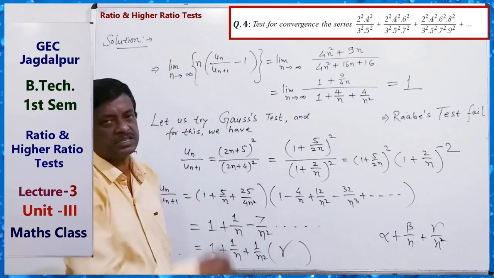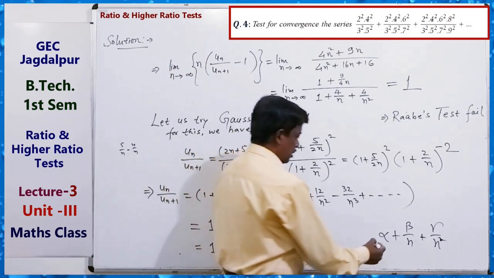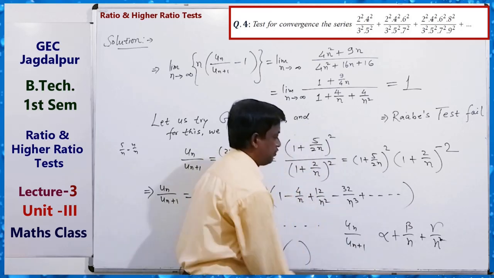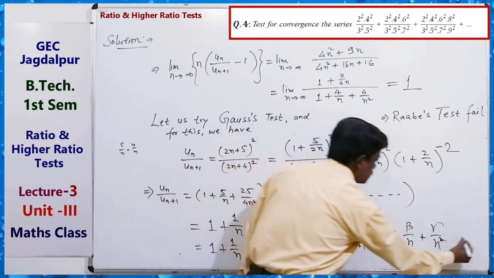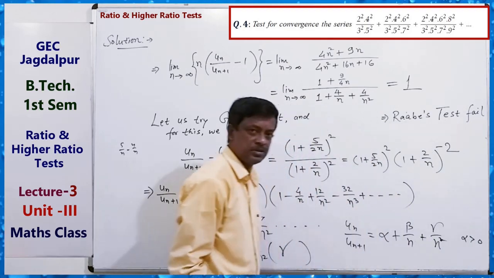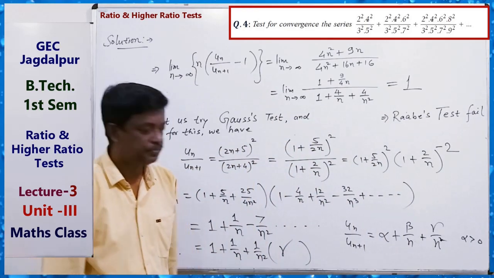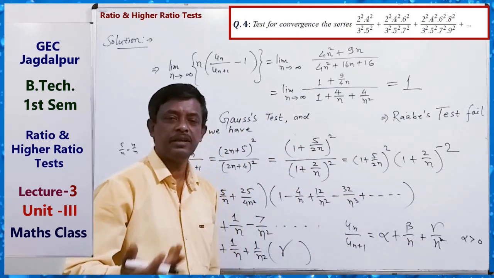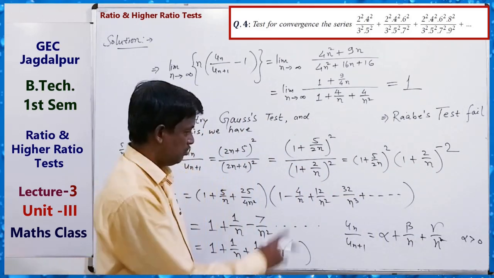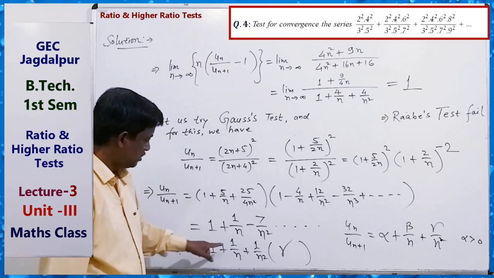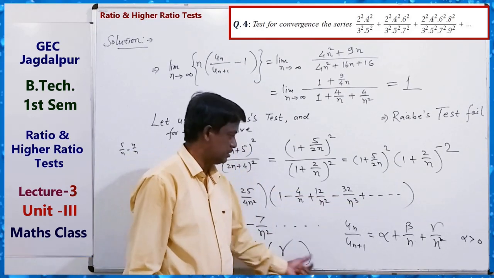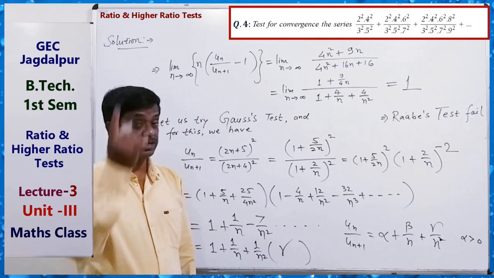Because Gauss test statement, what? You have to write in this format, where alpha should be greater than 0. So alpha equals to 1 greater than 0. Now beta, gamma may be anything. Now beta, here 1 we can write. Now gamma is this. So what is the condition?